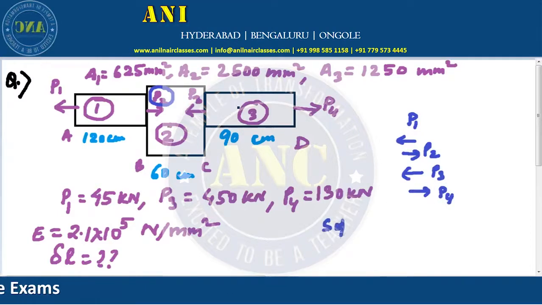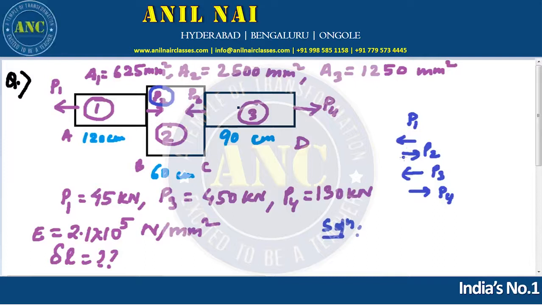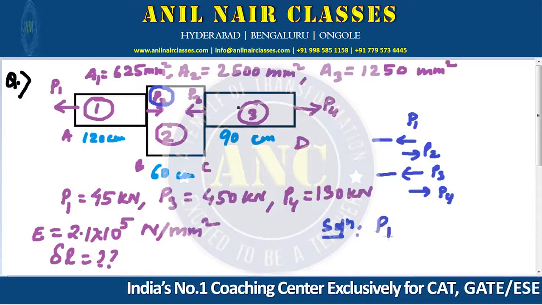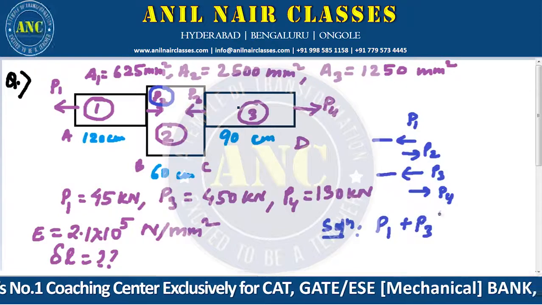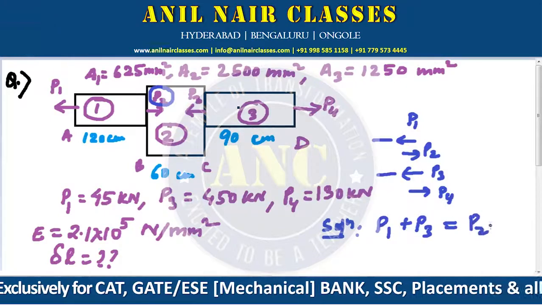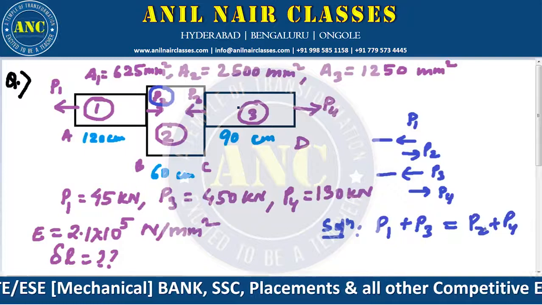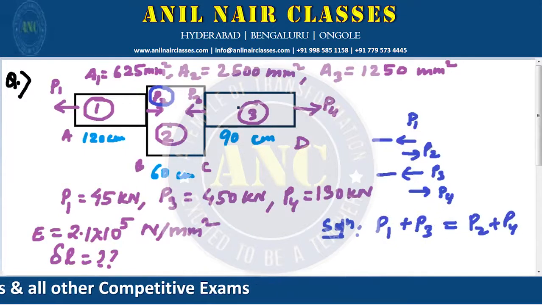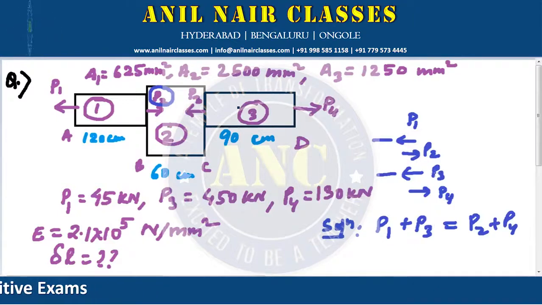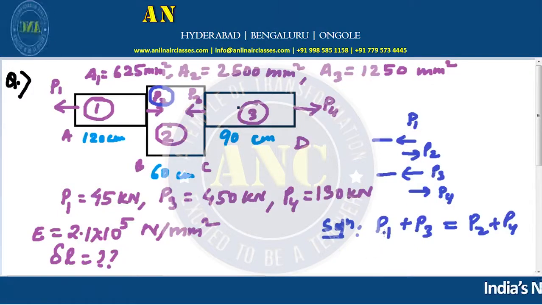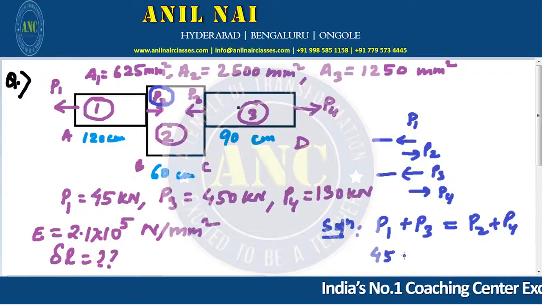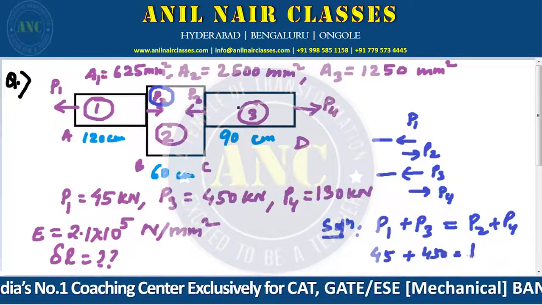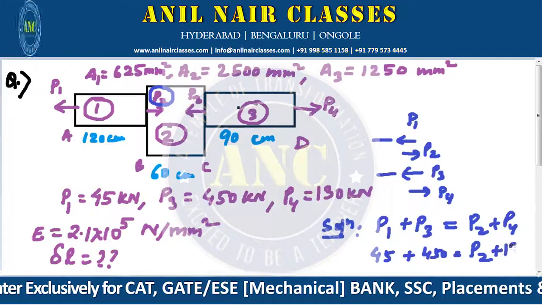So when we start the solution, we take one side: P1 plus P3 is equal to P2 plus P4, or either way P2 plus P4 is equal to P1 plus P3. What we are doing here is balancing the forces. P1 is given, that is 45, P3 is given 450, P2 is not given, P4 is given as 130.